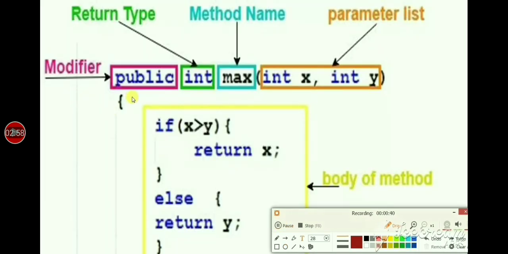These are known as the function prototype. The function prototype is the first line of a function definition. It includes modifier, return type, method name, and parameter list.